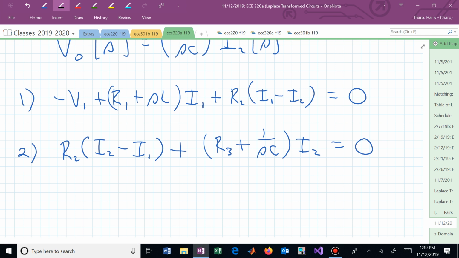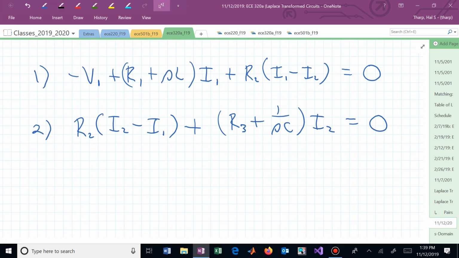You could, looking at the very first equation, solve that for I1 and then replace that expression for I1 in the second equation, and now we have an equation for I2 in terms of V1, which was our source. However you want to do it, it actually gets a little bit cumbersome with just variable names.